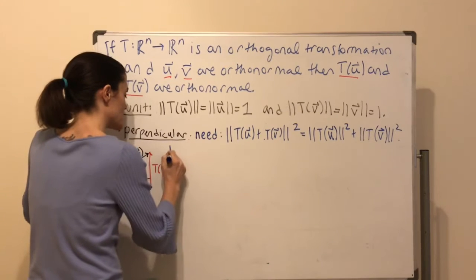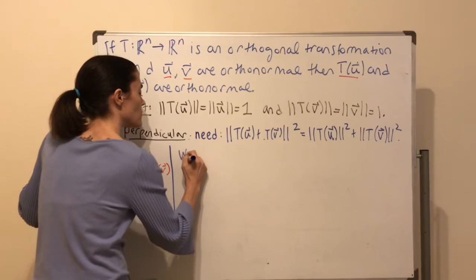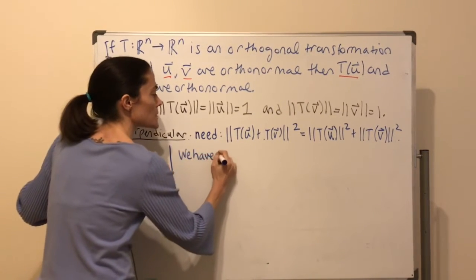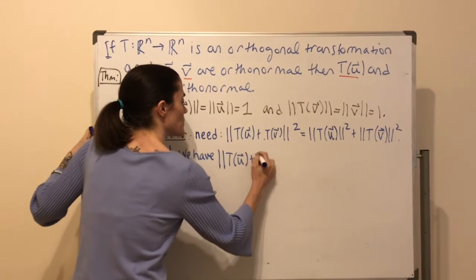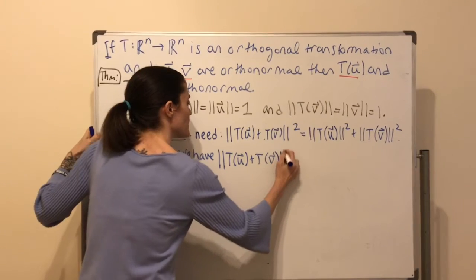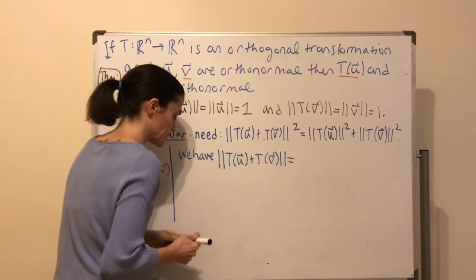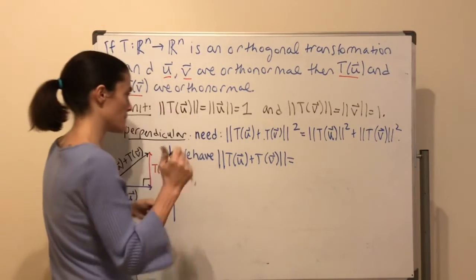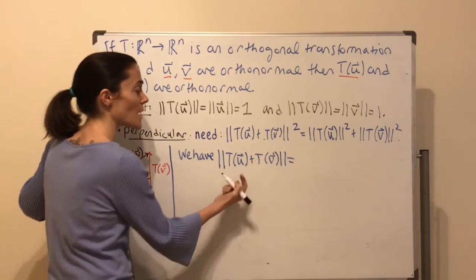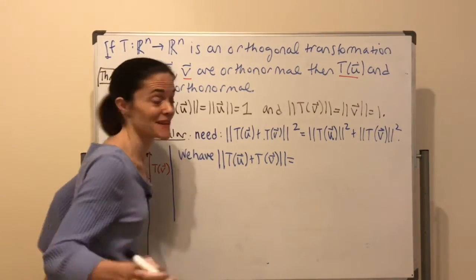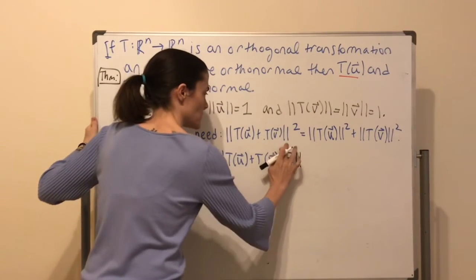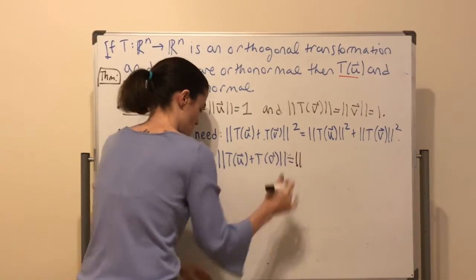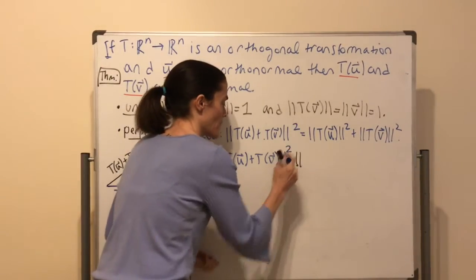So this is the picture, and I'm just going to work with the left-hand side. This length, T of U plus T of V, squared.